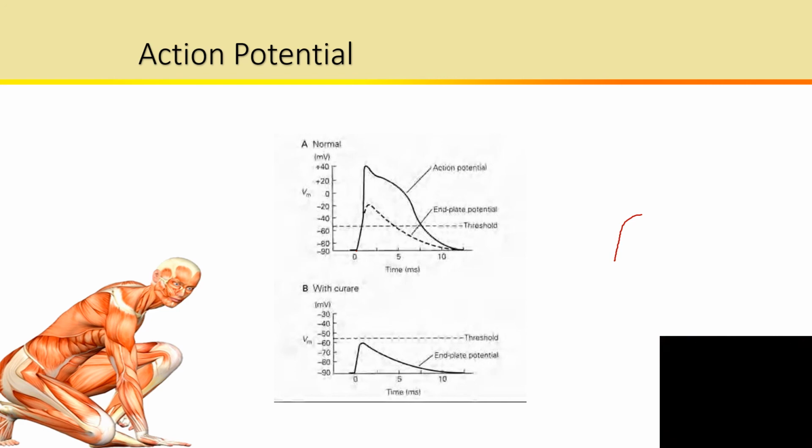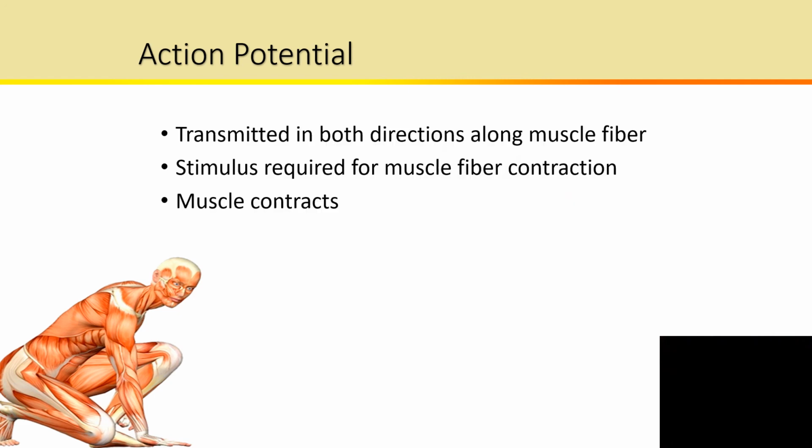All of a sudden, the electrical potential starts to rise, and when it gets above this area, which is the threshold, anything above this is significant enough to create an electrical stimulus that now goes down the whole muscle sarcolemma, and that's what causes the muscle contraction to occur.